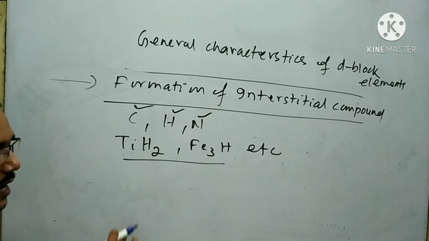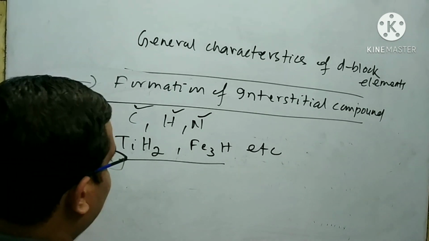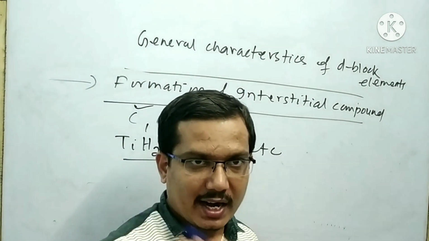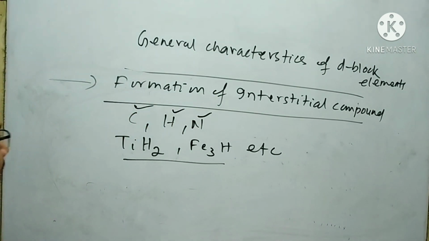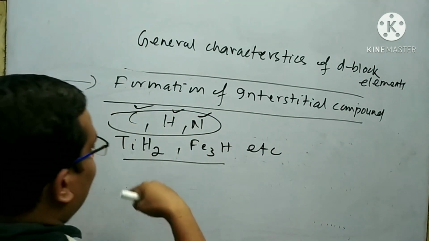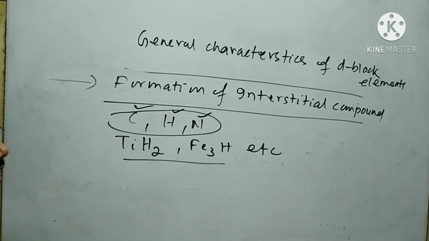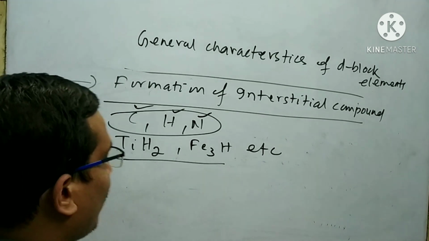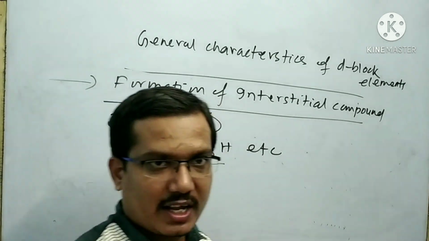The transition elements have more tendency to form covalent bonds due to the presence of unpaired electrons. That's why these small elements are entrapped in the crystal lattice of the transition element and form more covalent bonds with it.